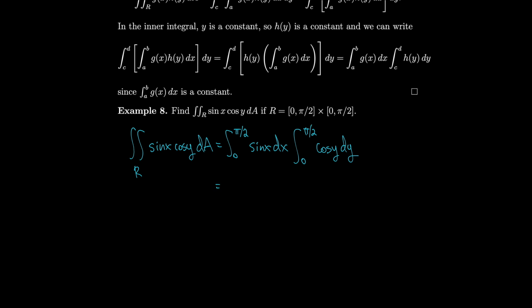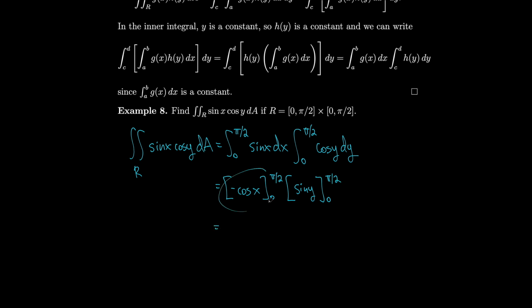And we just evaluate each of those integrals separately as we're used to in single variable calculus, and we get minus cosine x from 0 to pi over 2 times sine y from 0 to pi over 2.